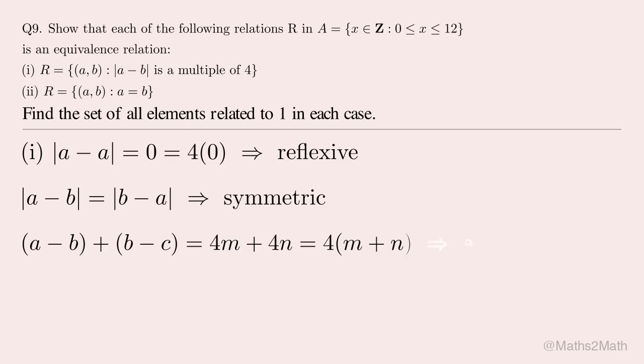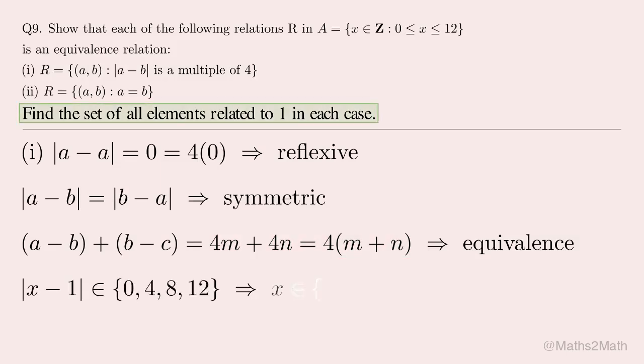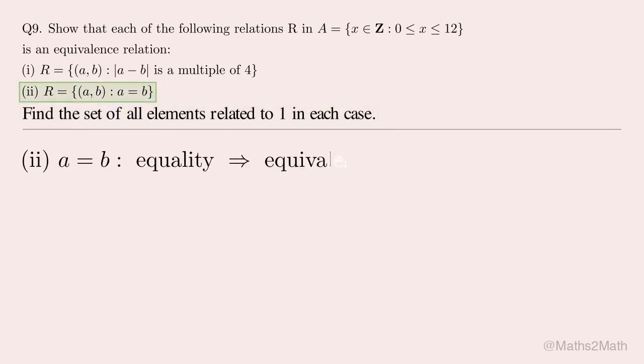And two multiples of 4 add to a multiple of 4, transitive, an equivalence relation. Related to 1: distances 0, 4, 8, or 12 from 1 inside the set, that is 1, 5, and 9. Relation 2, plain equality, is reflexive, symmetric, and transitive on the nose. Equivalence. And the only element equal to 1 is 1 itself.